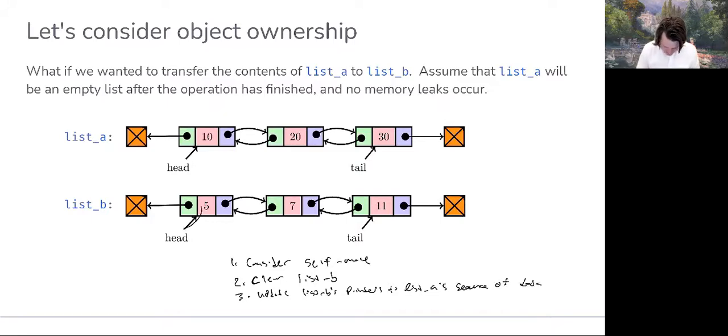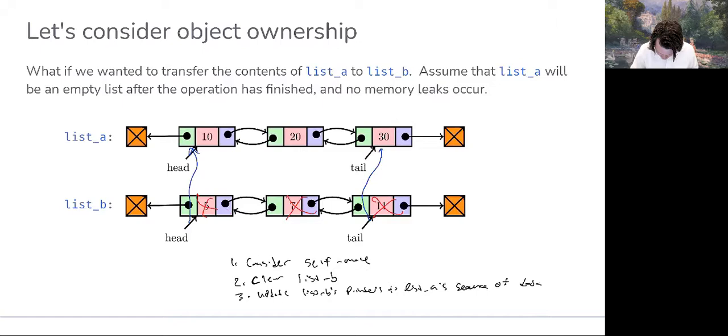So in this case, head is going to point to there now. Head will point to the first node. And remember, we've deallocated these, so they don't exist anymore. So head will now point to there.